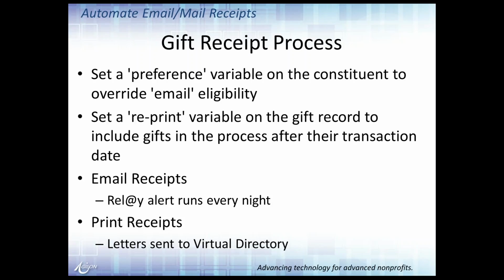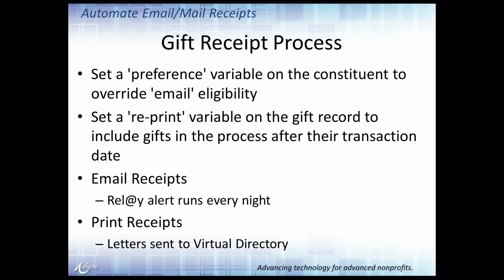The other thing that we set up was a reprint option. So we have all of these processes that are going to be running every day. One of the processes is going to kick off and generate emails to go out and tell somebody or give them access to their receipt.